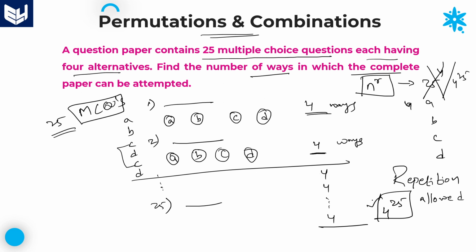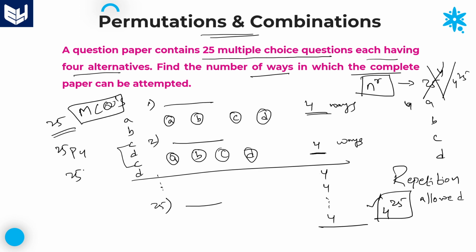If you understand the concept of permutations and combinations, just by seeing the question itself, you can directly set the answer as 4 power 25 without any hesitation. There is no requirement of using the calculation part. The only thing is whether it is 4 power 25 or 25 power 4 or 25 P4.